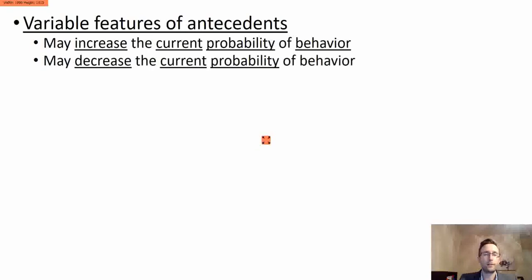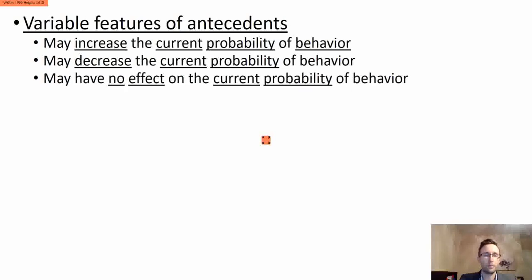Antecedents may decrease the current probability of behavior. So they may increase or decrease depending, in part, on any functional relations between the antecedent and consequences. But what's important for now is that you recognize that antecedents can increase or decrease the current probability of behavior.